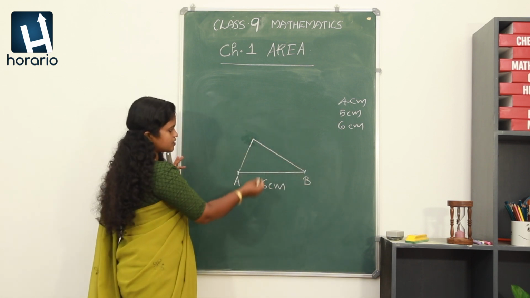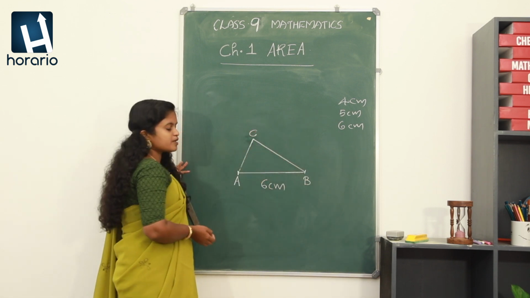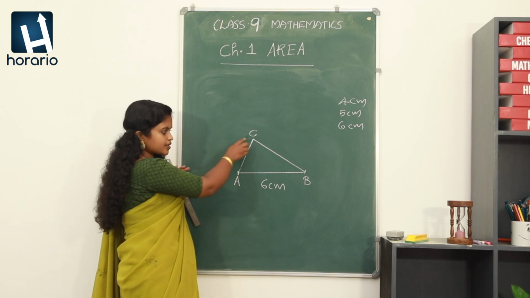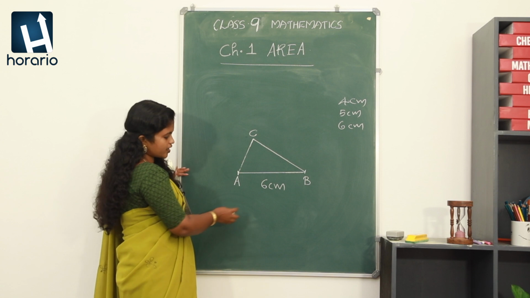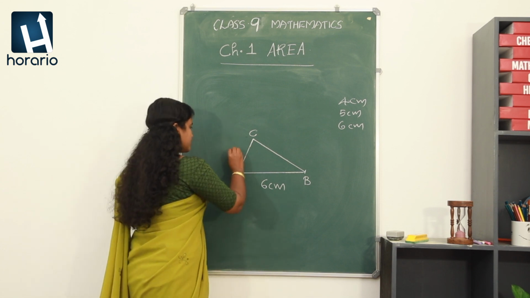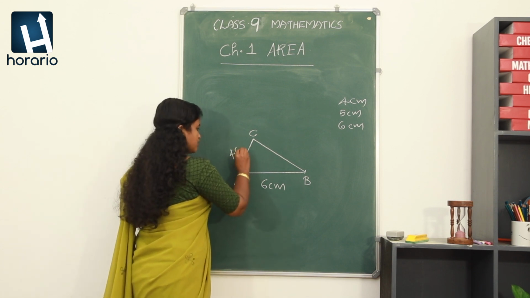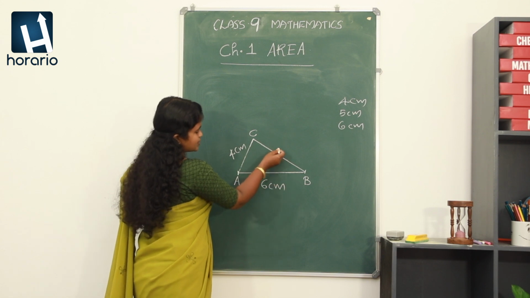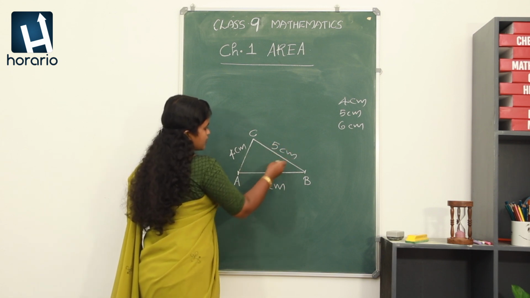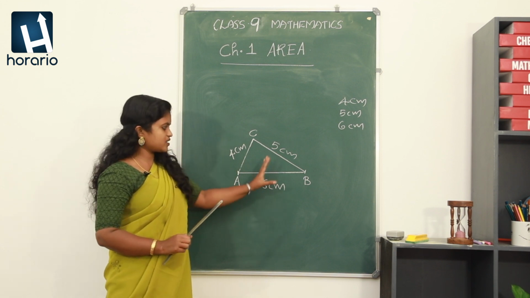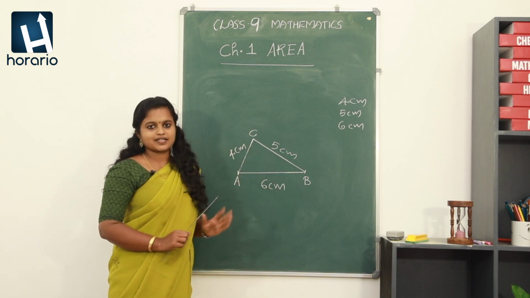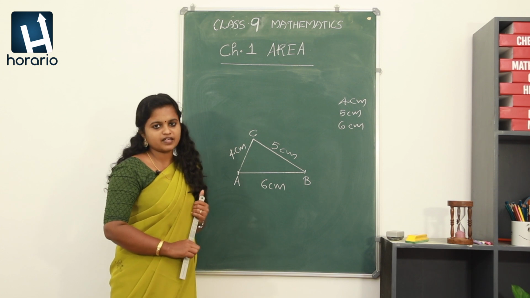I am going to mark the third vertex as C. You will get the point of intersection of the two arcs, and you can mark it as C. So this is 6 cm and AC has been taken as 4 cm, BC has been taken as 5 cm. You can mark according to your measurements. No problem. Anyway, the triangle should measure the three sides as mentioned, 4, 5 and 6.